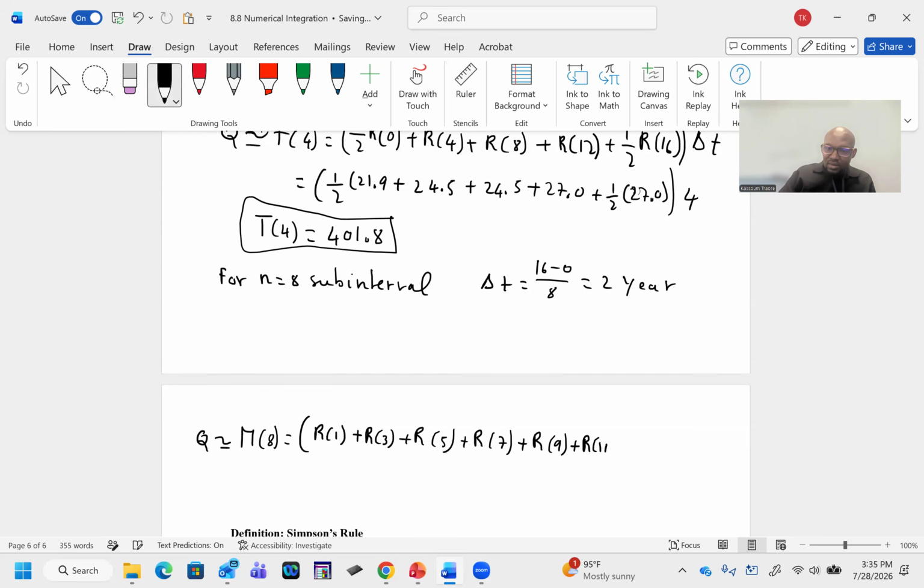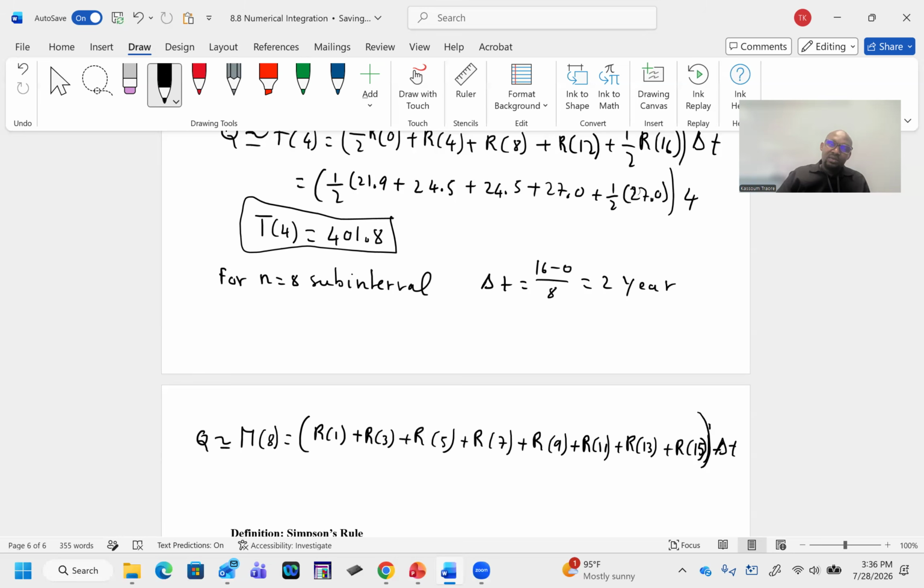right, plus R13 plus R15 times delta T. Right, if you count, you can see we have 8: 1, 2, 3, 4, 5, 6, 7, 8, right?